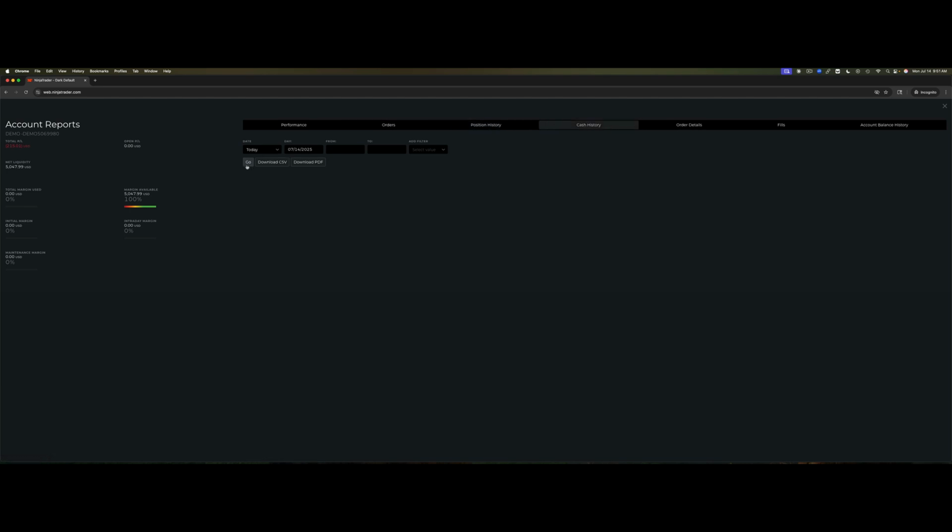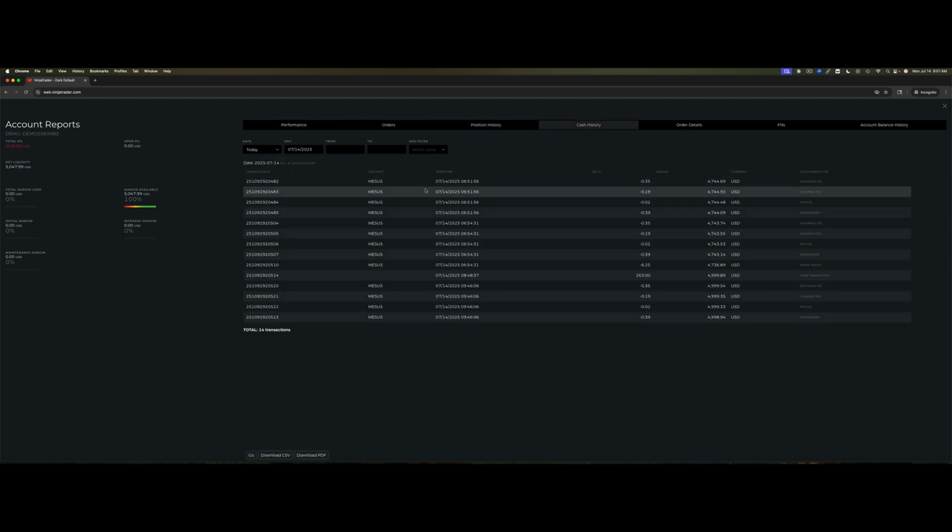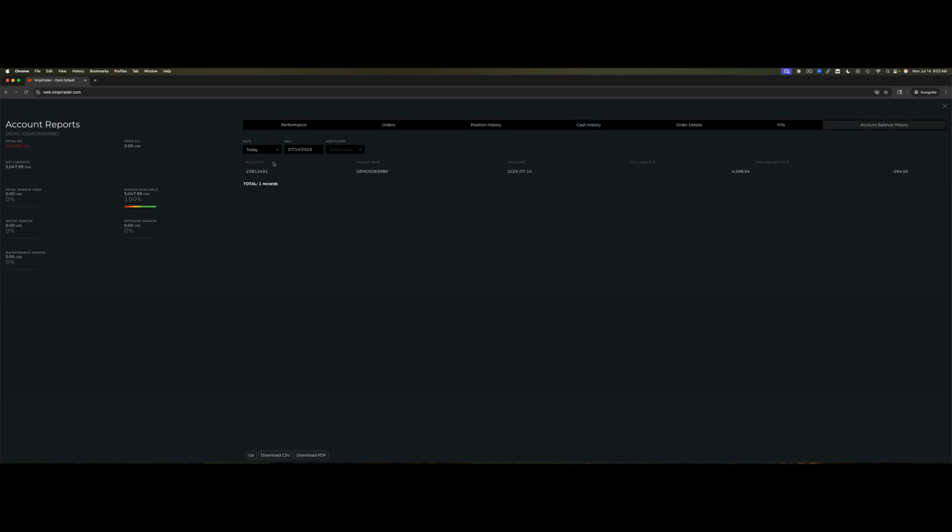Cash history. Why doesn't it show my bump up? Account balance history.